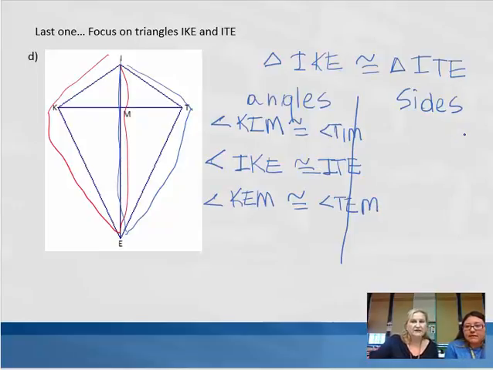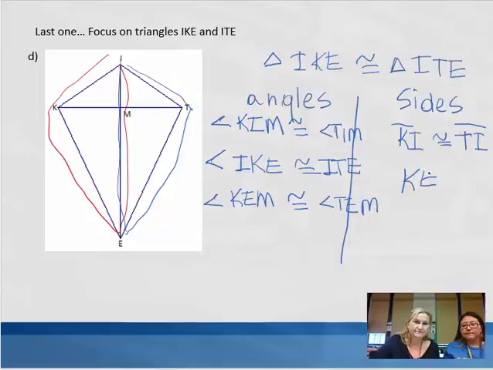Okay, and now for my corresponding congruent sides. So my first side, let's use KI, is congruent to side TI. My second side, KE, is congruent to TE.